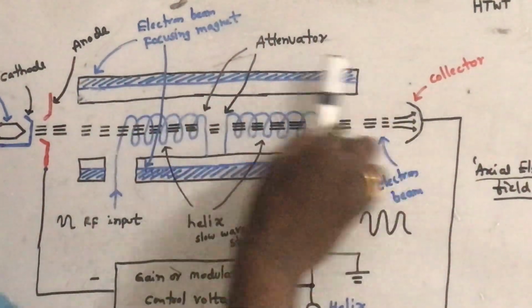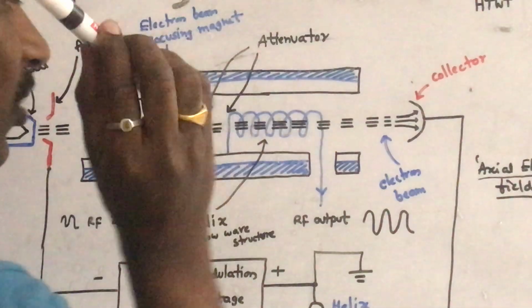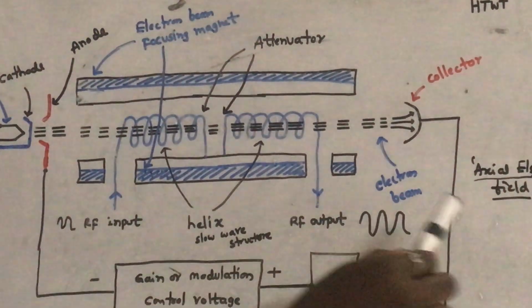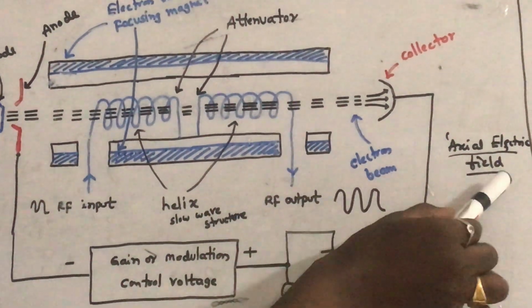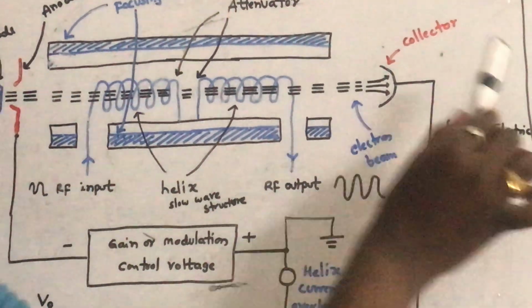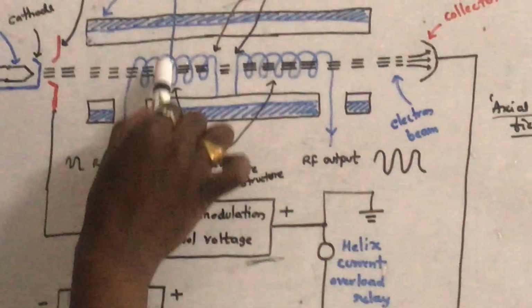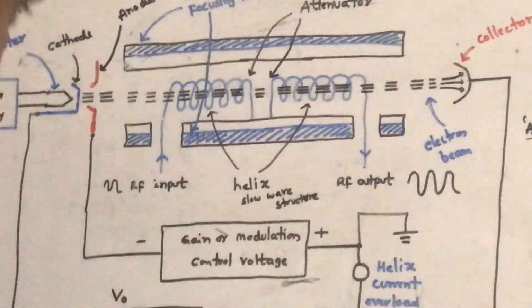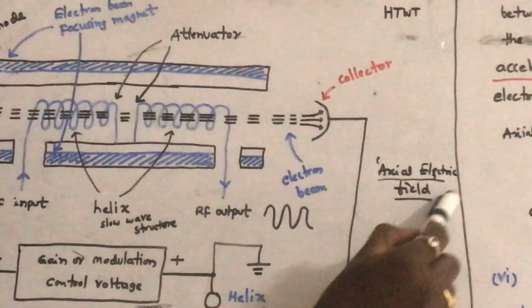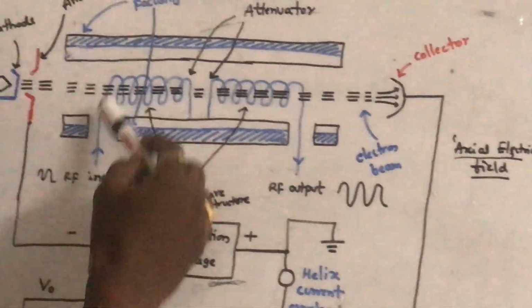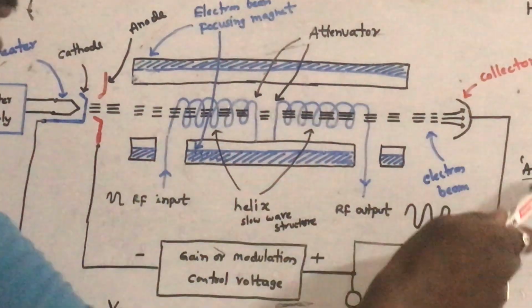That is the very important point here. How is this axial electric field generated? It is generated because of the RF input traveling through the helix. Now, with what velocity does this axial electric field travel? Let us see in the next point.